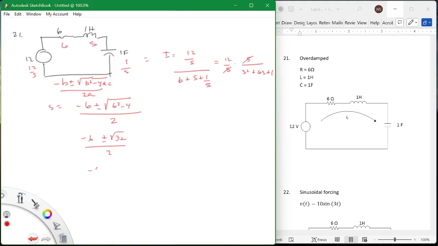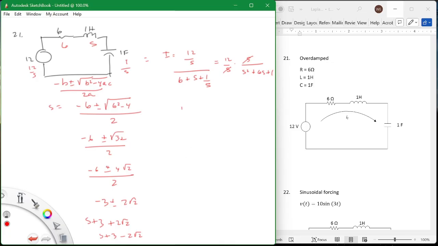So it's minus 6 plus or minus 4 square root of 2 over 2. So it's minus 3 plus or minus 2 square root of 2. Okay, very good. So S plus 3 plus 2 square root of 2 and S plus 3 minus 2 square root of 2 are your factors.